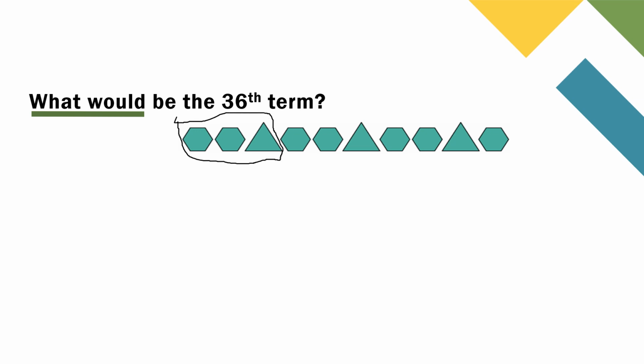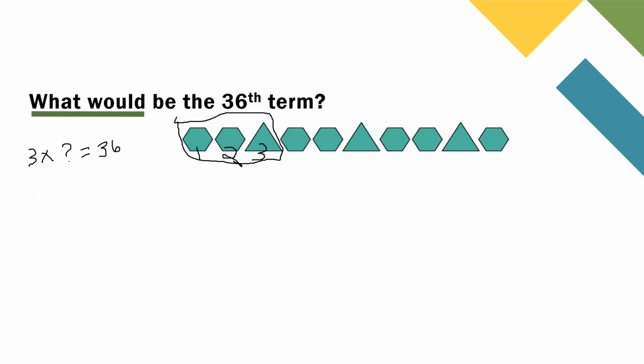So this is my foundation, and my foundation is made up of 1, 2, 3 terms. So I'm asking myself, 3 times something will get me to my 36th term.